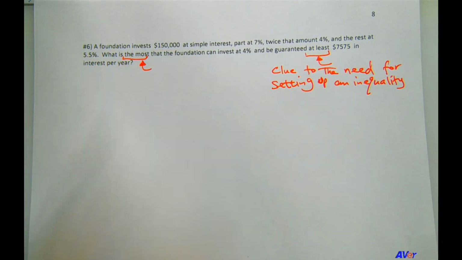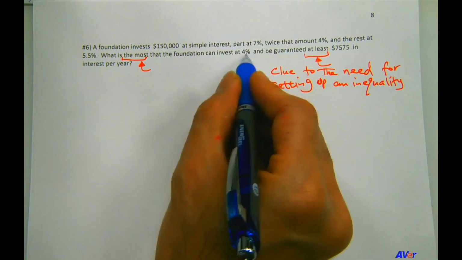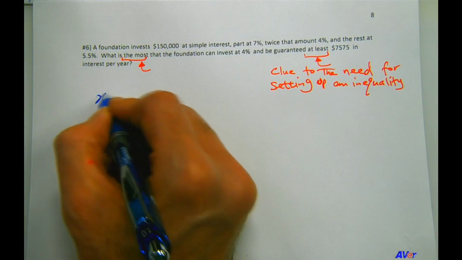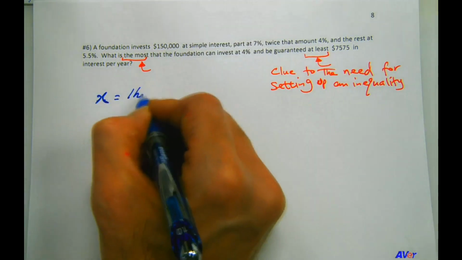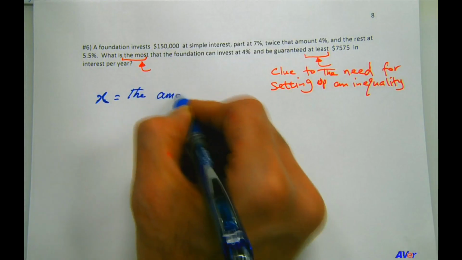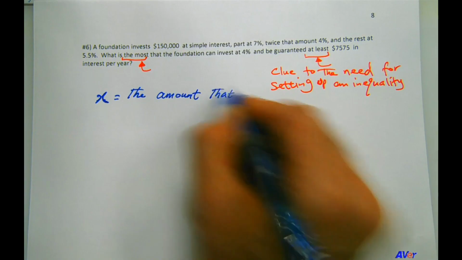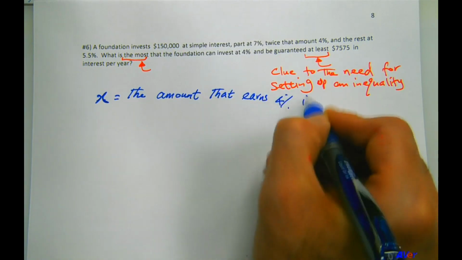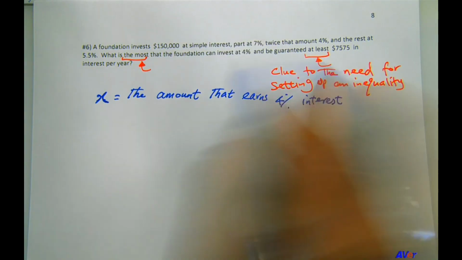Let's assign that account the x variable. So x is the amount that earns 4% interest, right? Then what else do they tell us?